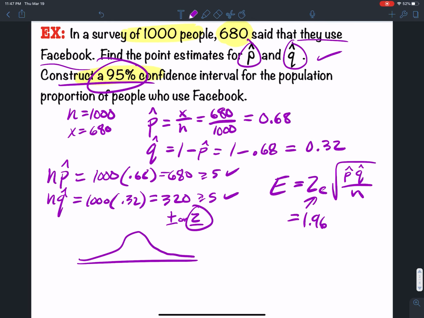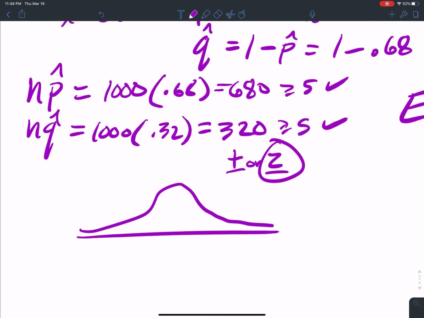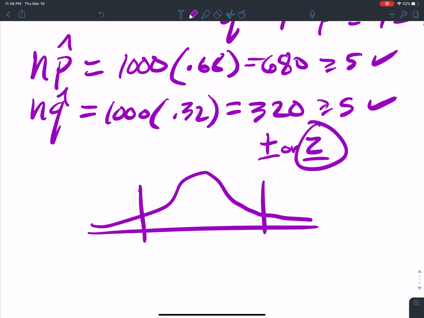Now, if I didn't remember that, I could figure this out on my own. If I know there's 95% in here, that means there's 2.5% over here, and 2.5% over here, right?